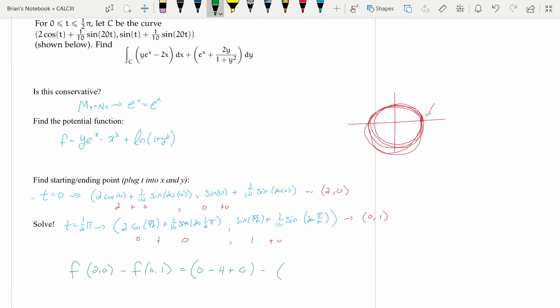We've got our potential function, which is y e to the x. We'll plug in y of 1 and x of 0, so we'll get 1. Then x squared, we plug in 0, we get a 0, minus the natural log of 1 plus y squared, so it'd be 5. Sweet. So we'll get negative 4 minus 1 minus the natural log of 5.